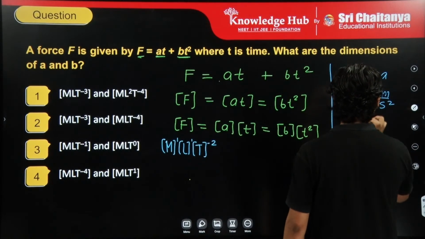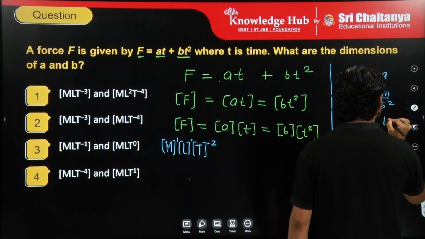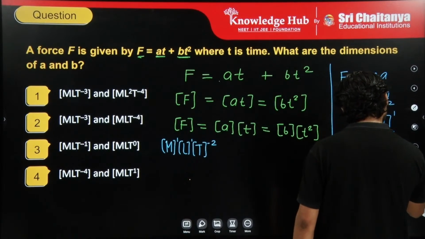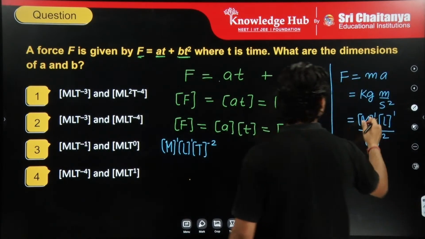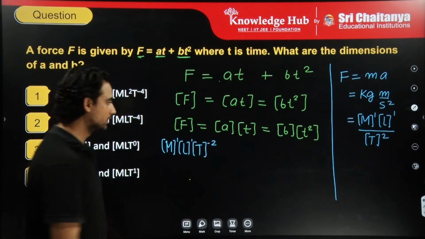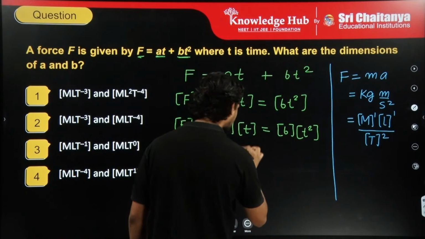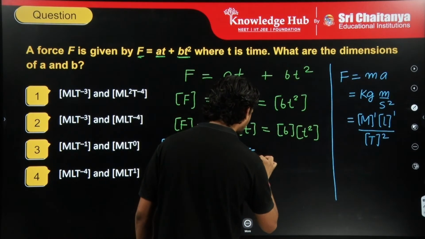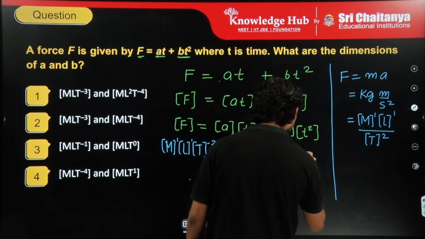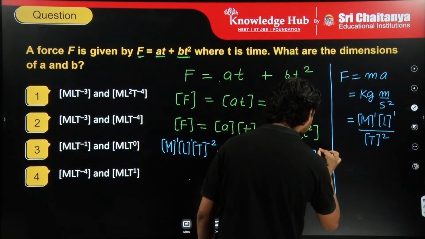So kg is M raised to 1, meter is L raised to 1, and this is T raised to minus 2. So M raised to 1, L raised to 1, T raised to minus 2 is equal to dimension of A, and T is time, so T raised to 1, is equal to dimension of B into T raised to 2.